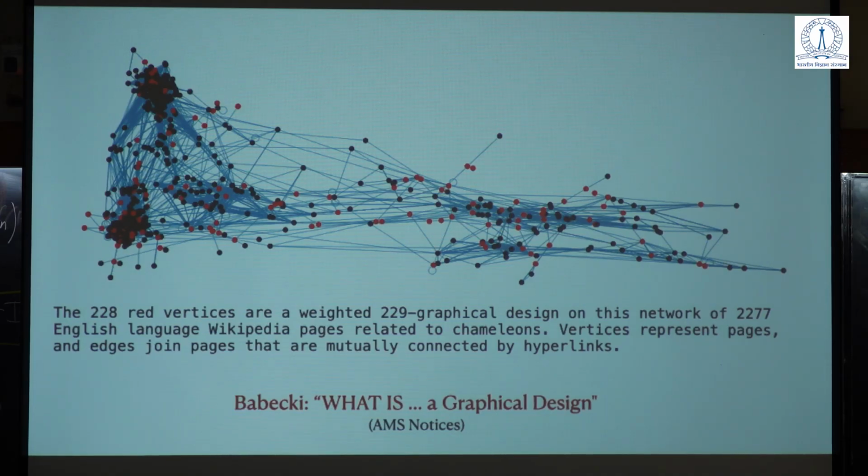What are they good for? They're good for things like sampling, right? Like this example I gave you with cholesterol or blood pressure or whatever. So if you have a big function on this graph, I want to know its global average. If it's relatively smooth, I know that it is in the span of the first so many eigenfunctions. So it's enough to average those low eigenfunctions.